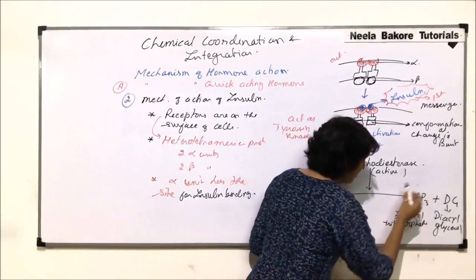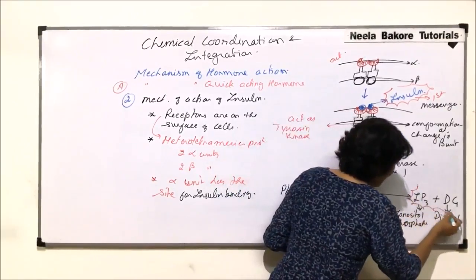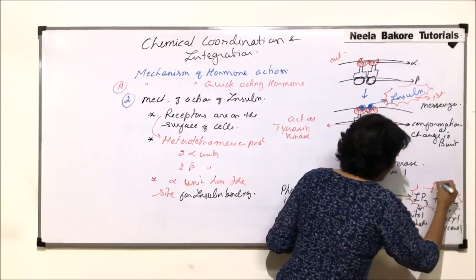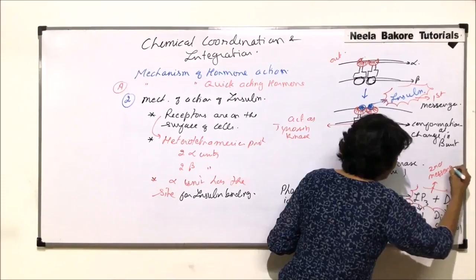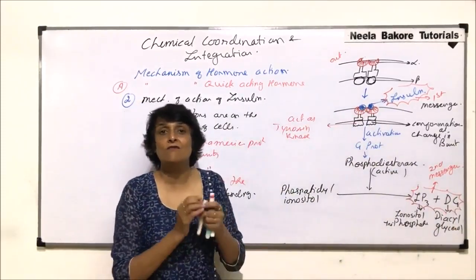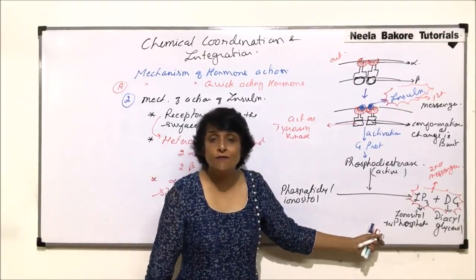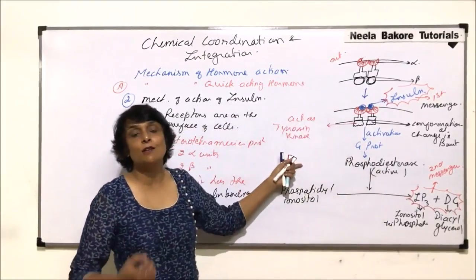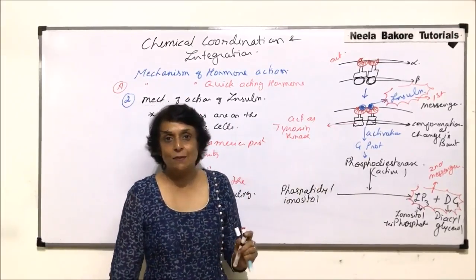Whereas these two molecules, that is IP3 and DG, they act as second messengers. And these two substances have a widespread effect. So when there is a widespread effect, insulin starts to act very, very quickly by this cascade mechanism.